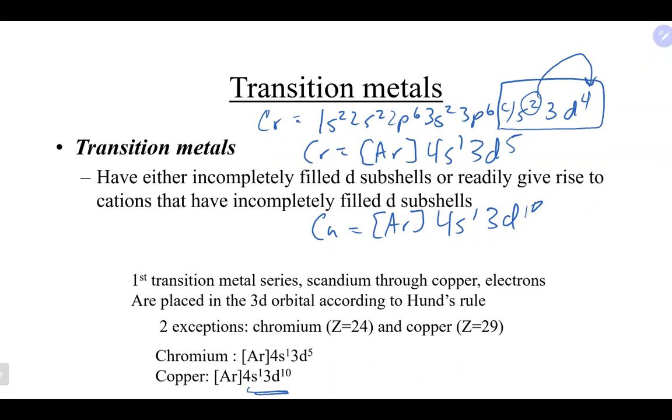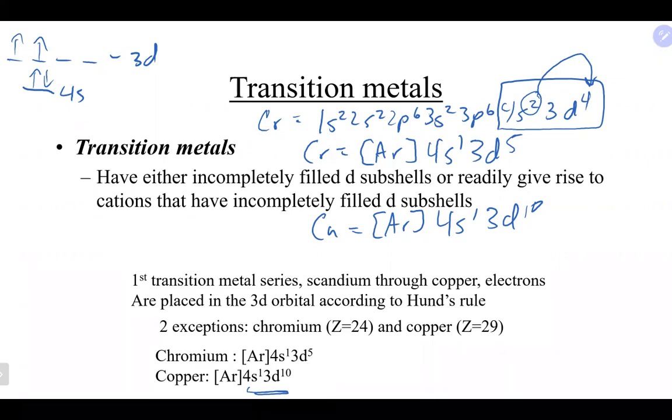It's able to do this because the 4s orbital and the 3d orbitals are very, very close in energy, and it doesn't take a lot of energy for that electron to pop up into the higher energy level. What happens when we start filling the d orbitals is that they switch in energy.